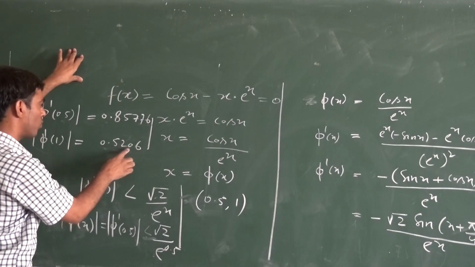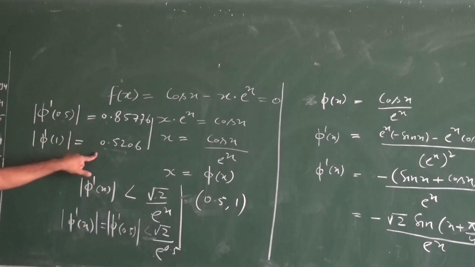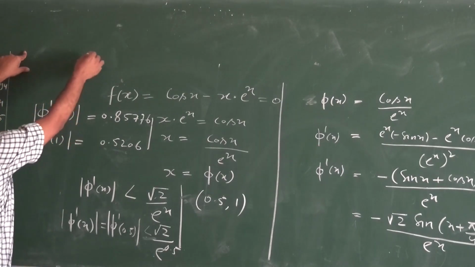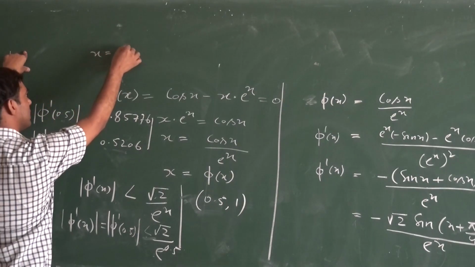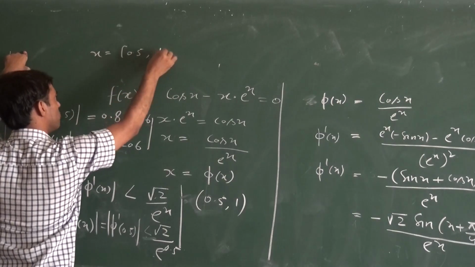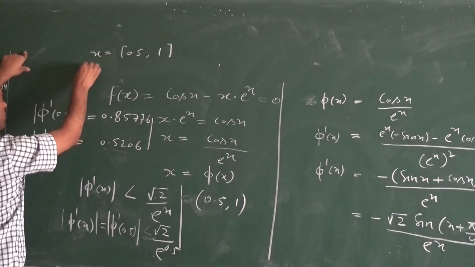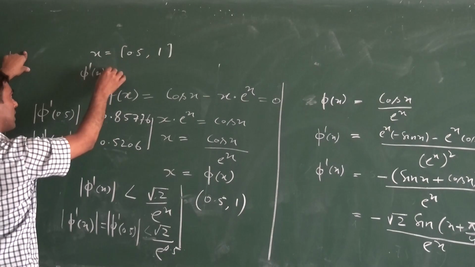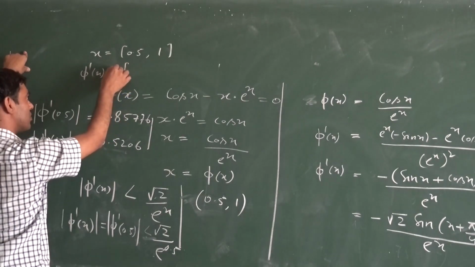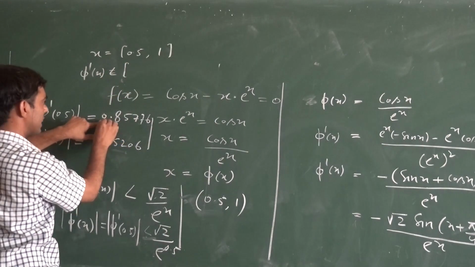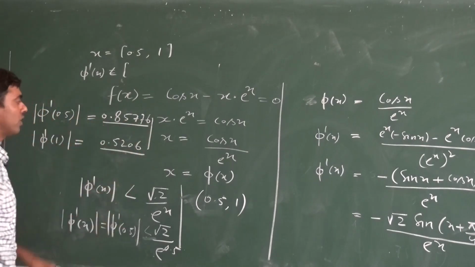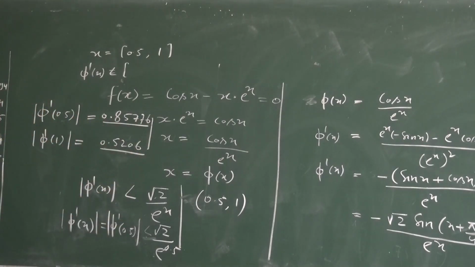It lies between 0.8577 and 0.5206. When x lies between 0.5 and 1, mod of φ'(x) lies between these two values. What is the meaning of this? For any value in the class interval 0.5 to 1, mod of φ'(x) is less than 1.